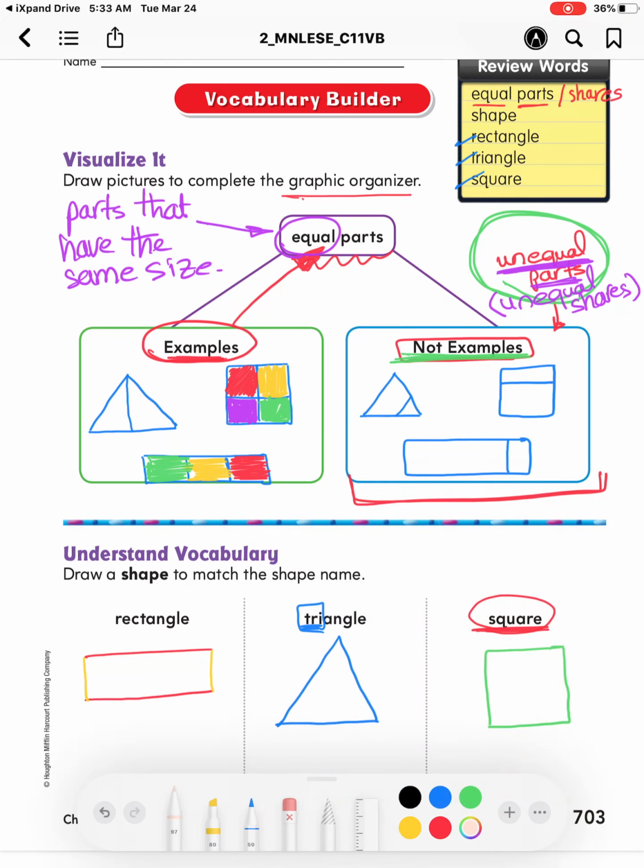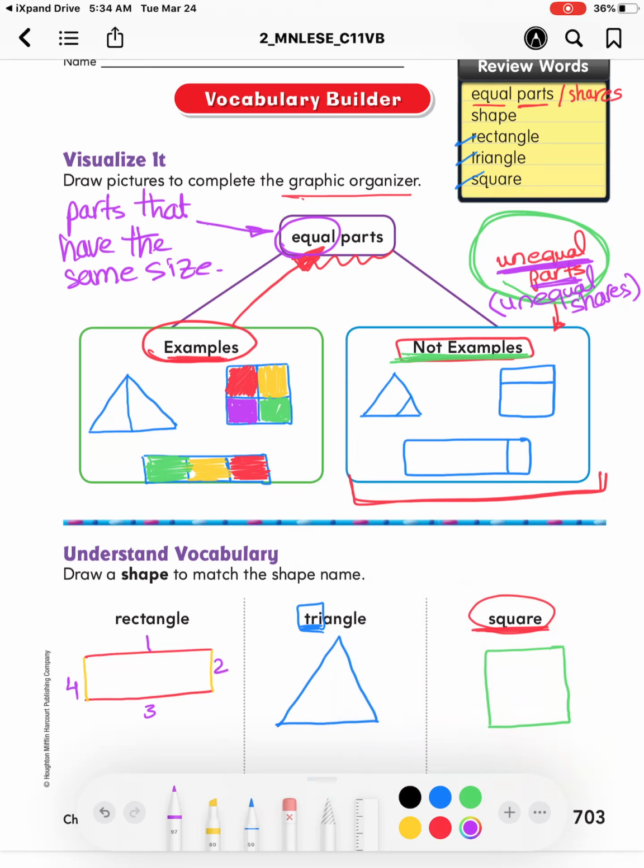Now in a rectangle, we have how many sides? We said before 1, 2, 3, and 4. How many vertices or corners? 1, 2, 3, and 4. What about the triangle?